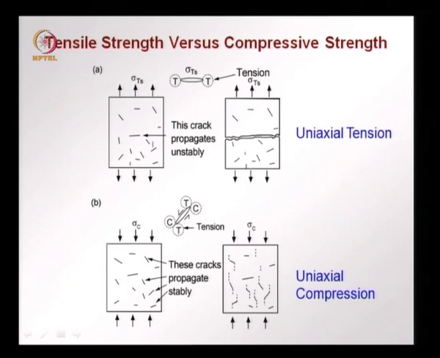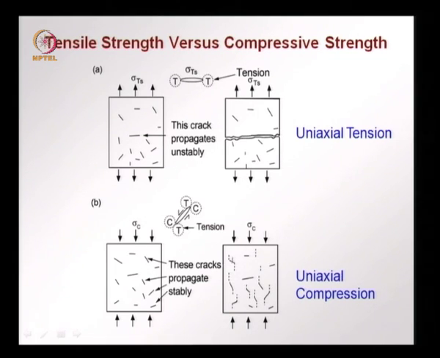Now, let us see what happens if the same specimen, instead of being subjected to tension, had been subjected to uniaxial compression. What we find is this crack which dominated the failure in tension does not do anything, it is just going to close, whereas the more inclined cracks will have tension and compression at the ends. If the inclination is such and you have a vertical loading, you will have tension and compression occurring, which will tend to cause some sort of splitting stresses at the ends.